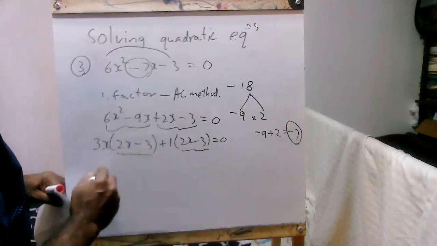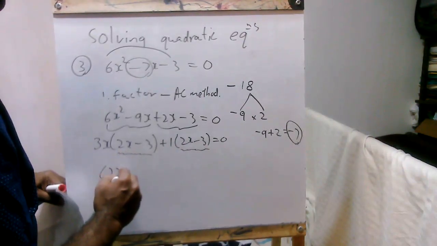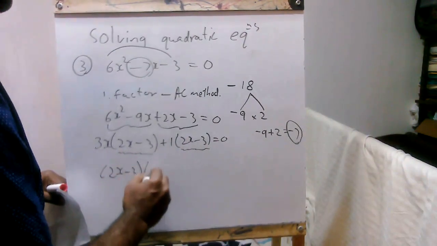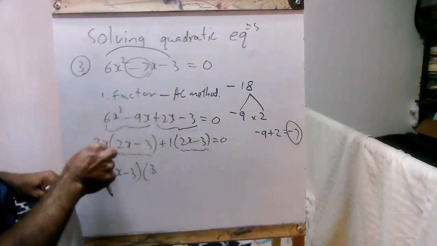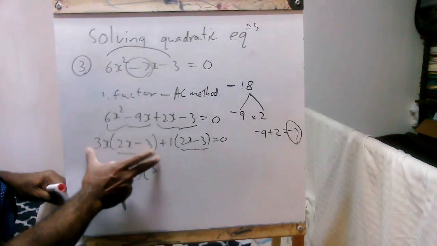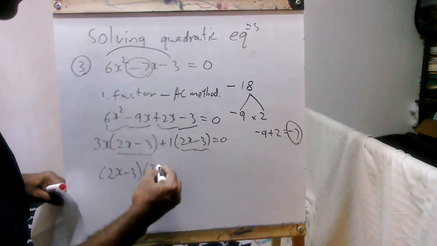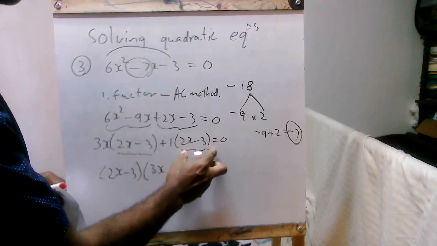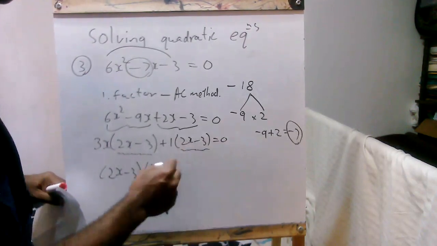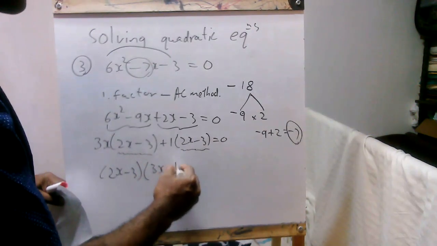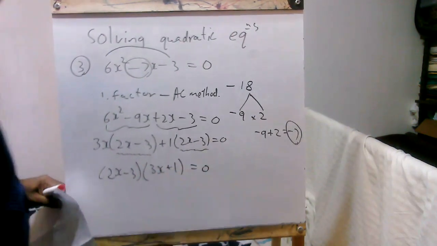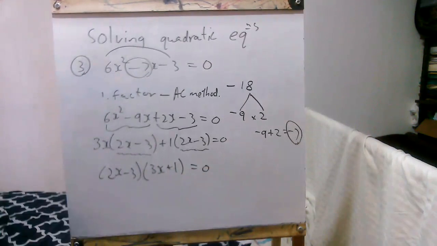Therefore take that out. When you take that out, 3x is remaining from the first term. What's remaining from the second term? Plus 1, equals 0. So we factored it.